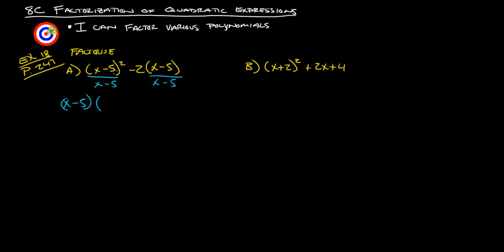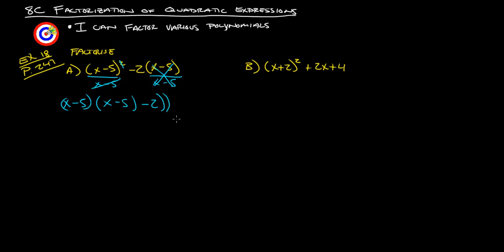Then (x minus 5) squared over (x minus 5) reduces one of these out, so I'm just left with x minus 5. And then this x minus 5 reduces with this x minus 5, so we just have a minus 2.